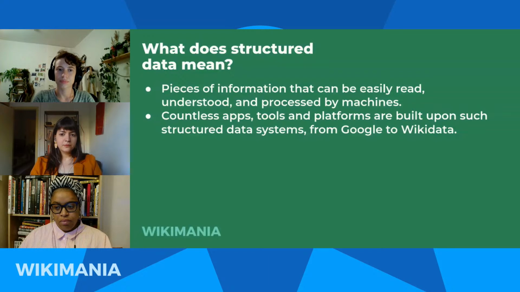And these systems are used in countless apps, tools, and platforms on the internet that are built upon structured data systems, from Google to Wikidata. For instance, let's think of the info boxes that you can see when you do a search on Google.